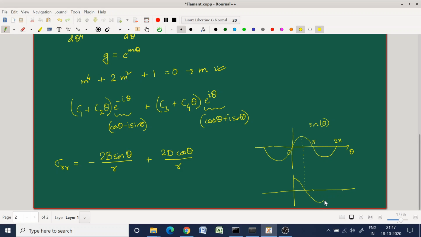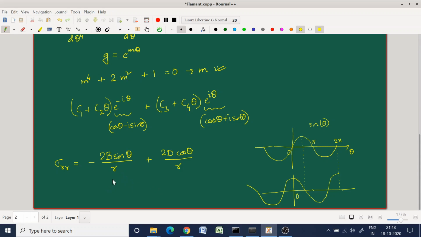Then it goes up like that, and again at theta equal to twice pi, we have this. The important point to note here is that it should be like this on this side also. So what is basically happening here is that this cos theta is symmetric about the 0 axis. That's the important point here.